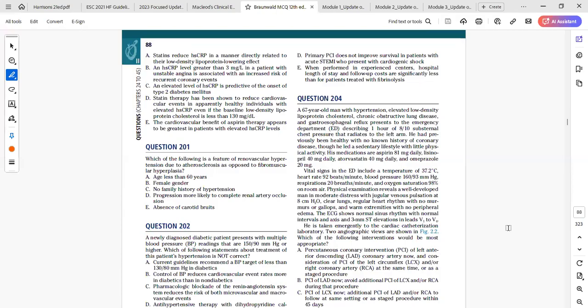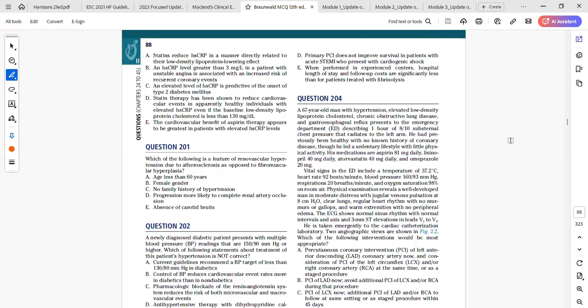He had previously been healthy with no known history of coronary disease, though he led a sedentary lifestyle with little physical activity. His medications are aspirin 81 mg daily, lisinopril 40 mg daily, atorvastatin 40 mg daily, and omeprazole 20 mg daily.